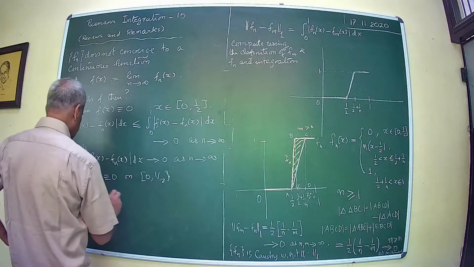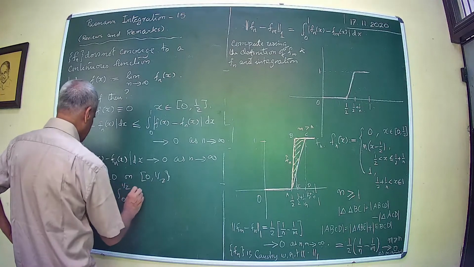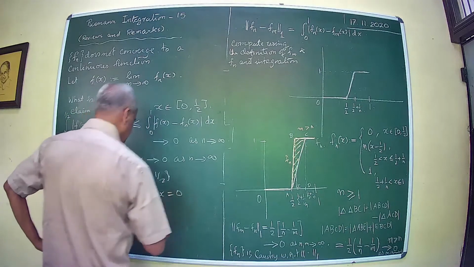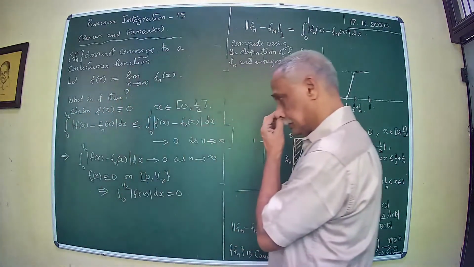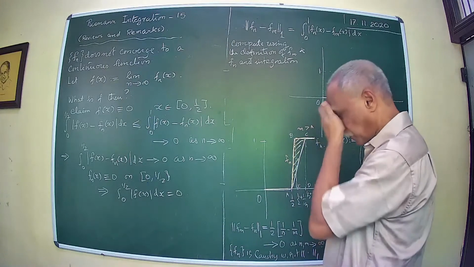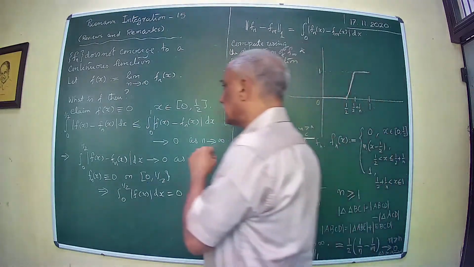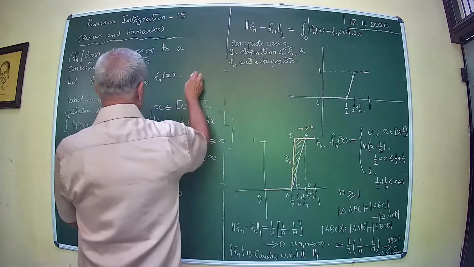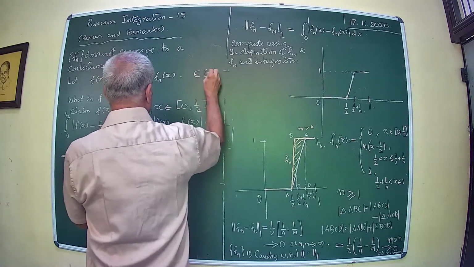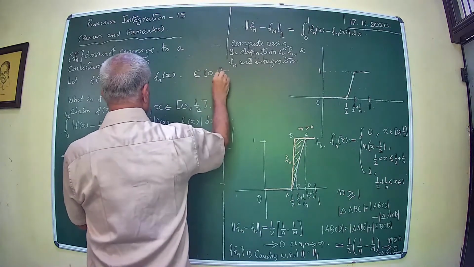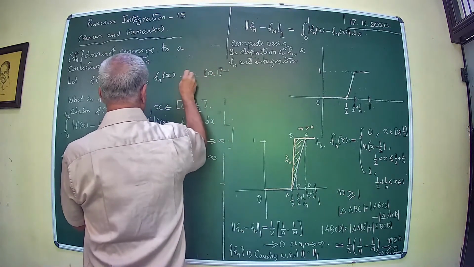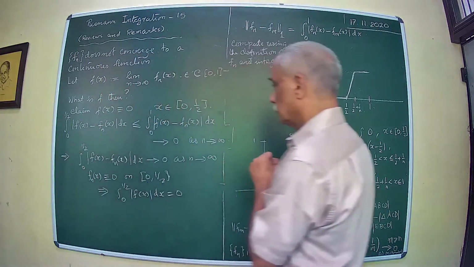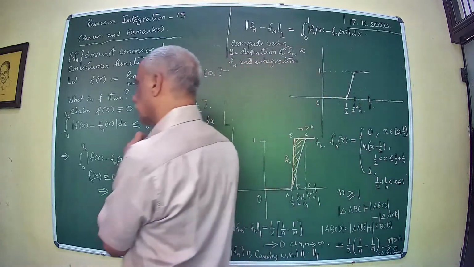It implies the integral 0 to half of the absolute value of f is 0, and f is a continuous function on the interval 0 to half.